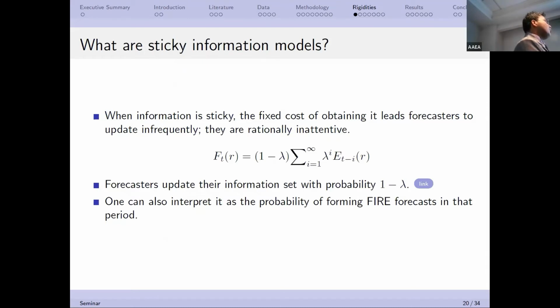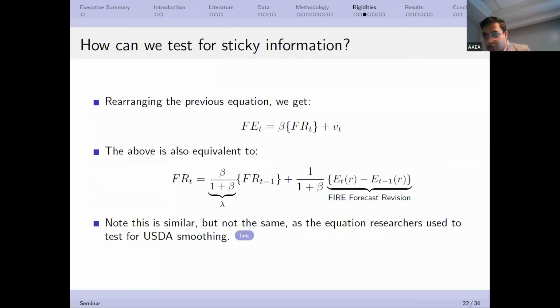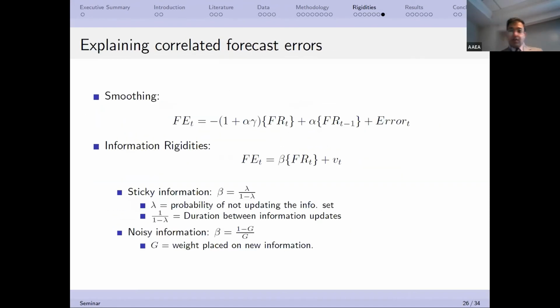Now talking about information rigidities. Okay, so I'll just skip the methodology, but I'll move to the results. To test for information rigidities, we just need to run one regression. The regression is forecast error at time t as a function of forecast revisions.